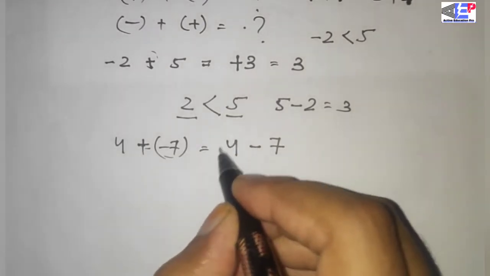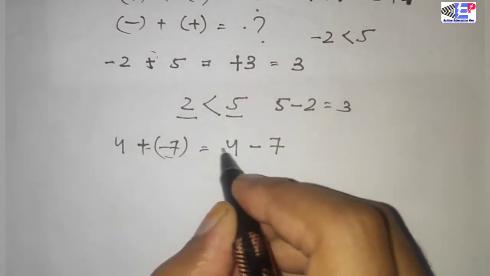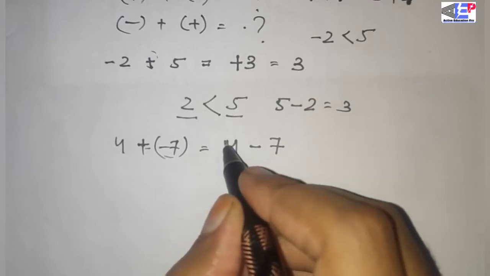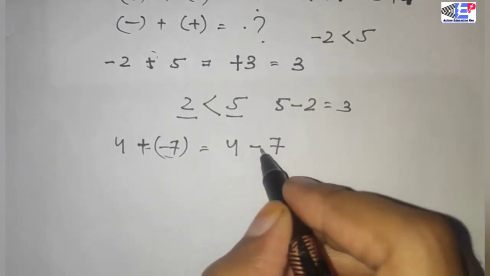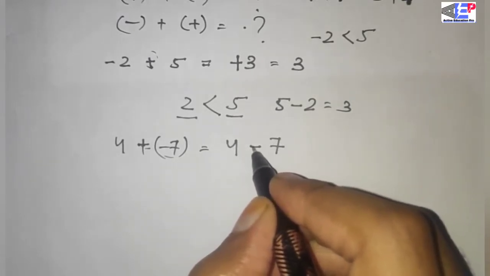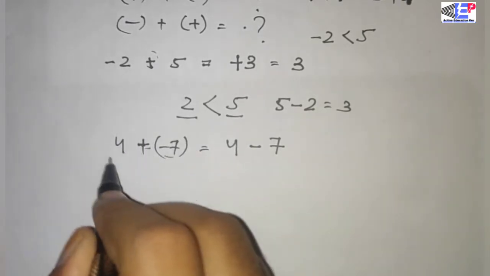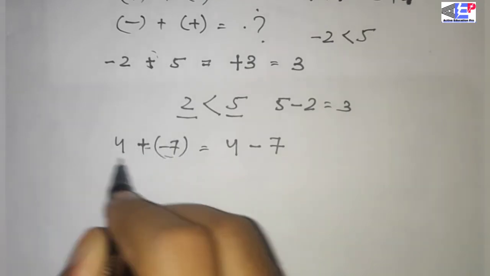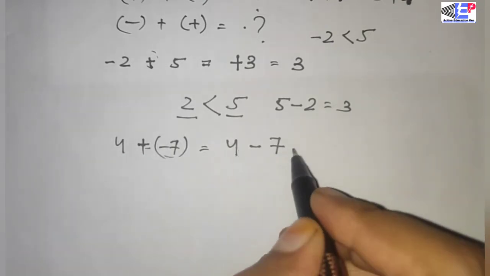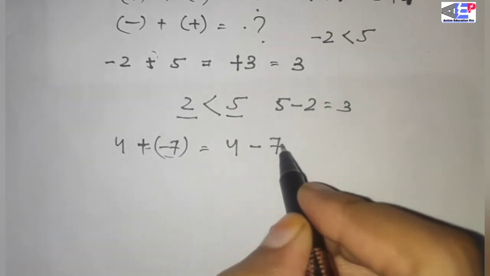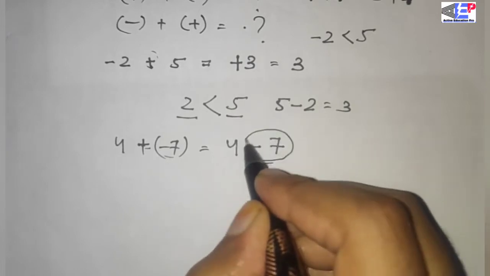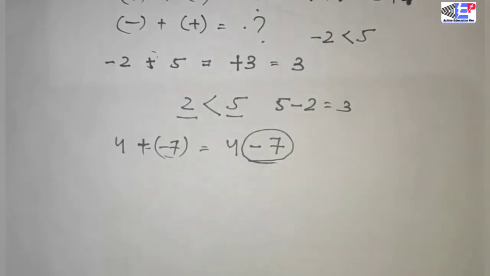Look here, 4 is a positive integer, no sign before 4 means it is a positive integer. After this simplification you get 4 minus 7. Now minus is the sign of 7, so minus 7 is a negative integer and 4 is a positive integer.